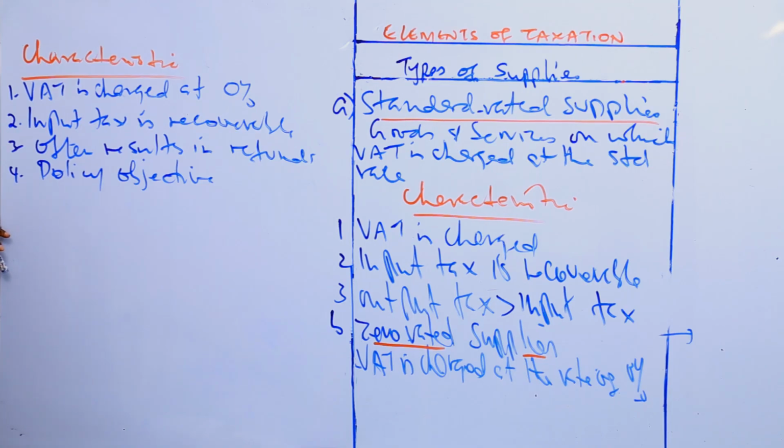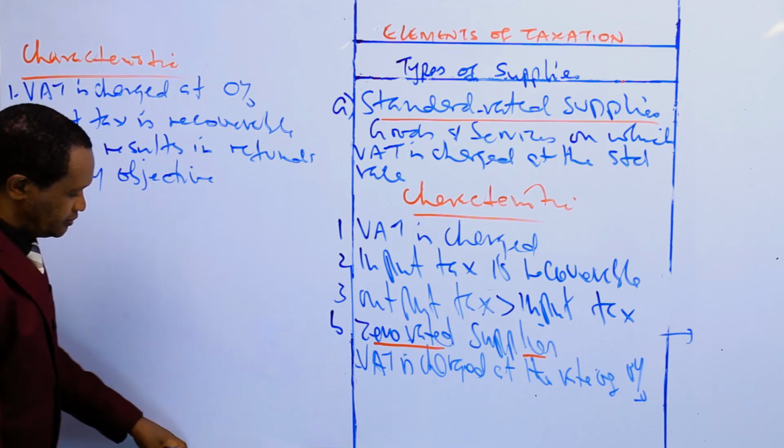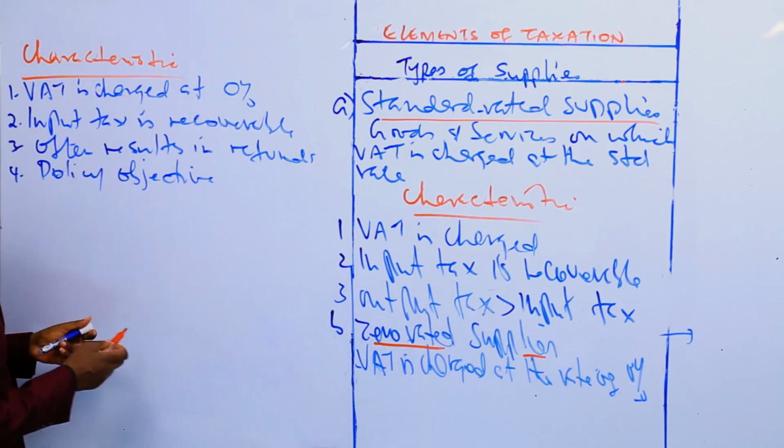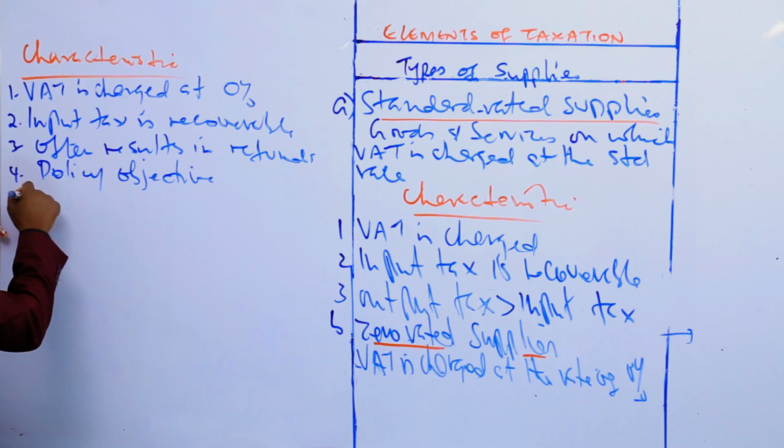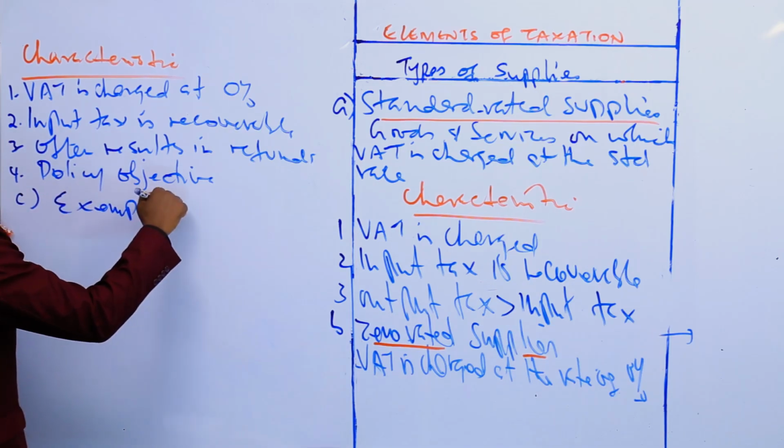Then we have the third type of supplies, what we call exempt supplies.